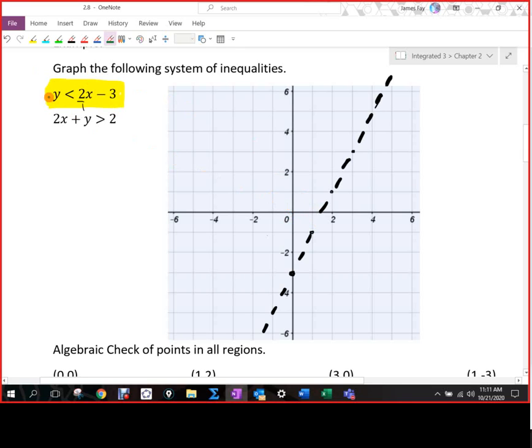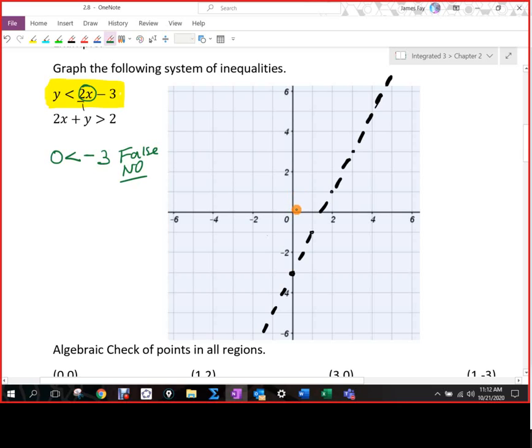If I plug 0, 0 in for this yellow inequality here, I get 0 is less than, now putting 0 right there makes that go away, right? And then I get -3. So is 0 less than negative 3? No. Okay, that's false, right? So that means if we get a false statement, we do not shade on the side of the line that that point came from.